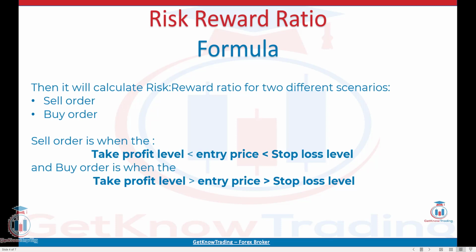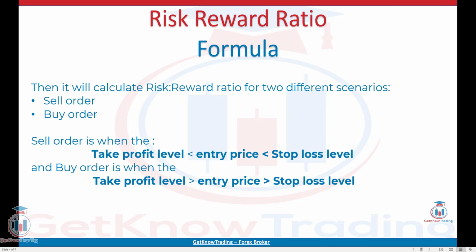This is one part of the formula, and this calculator will calculate risk-reward ratio for two different scenarios. The first one is when you open the sell order, and that means the stop loss is above the entry price, and the second one is the buy order.